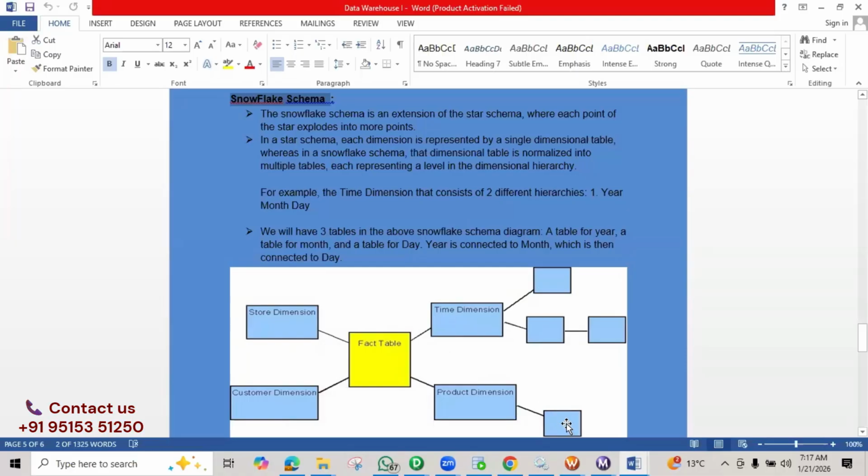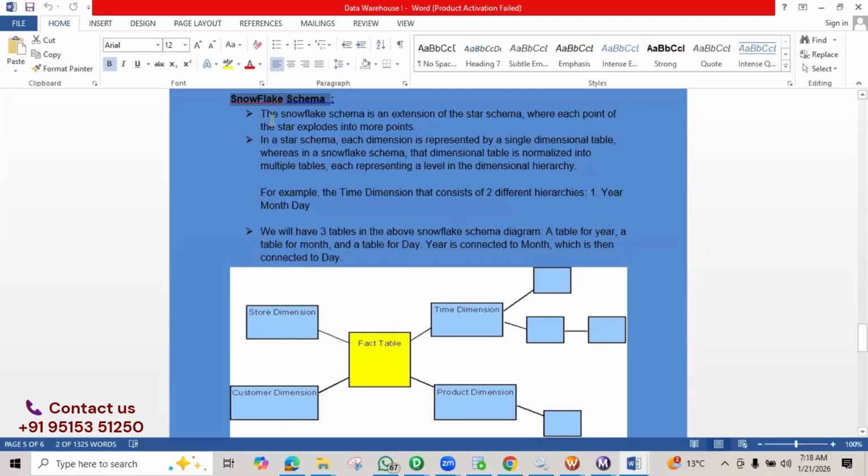If there is no arrow line, there is no relation. You can see between this table and this table there is no arrow line, which means there is no relation between these two tables. If we want to relate these two tables, then we have to follow this path.